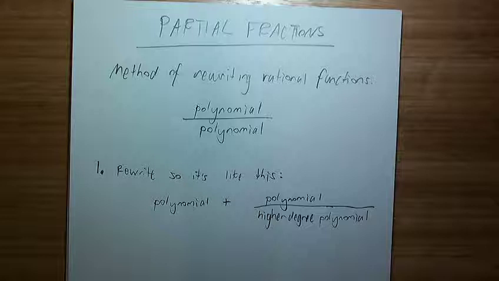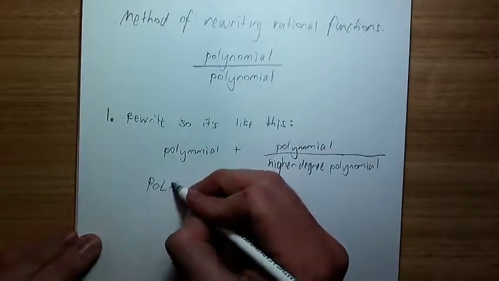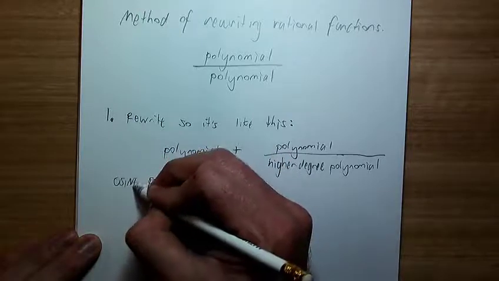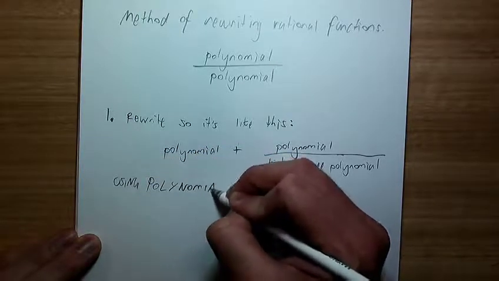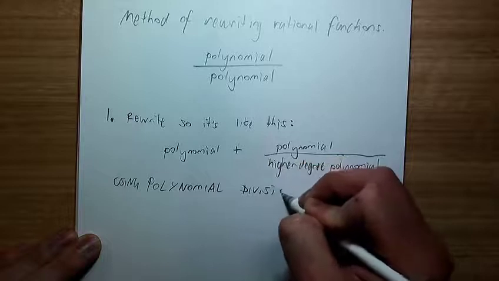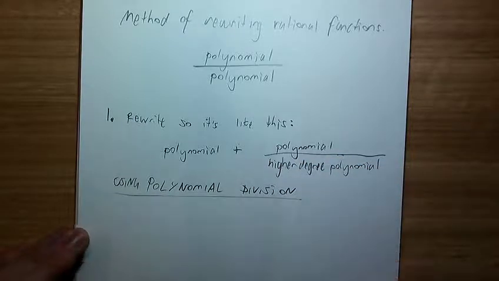But you might have to rewrite it like that. And the way that most people go about doing that is doing polynomial long division. And I'll talk about that shortly.